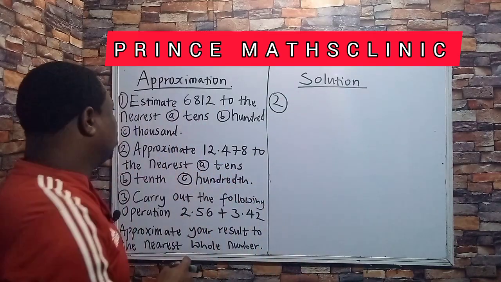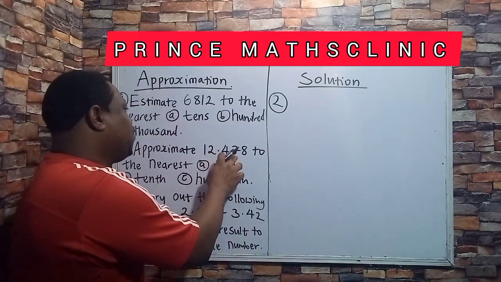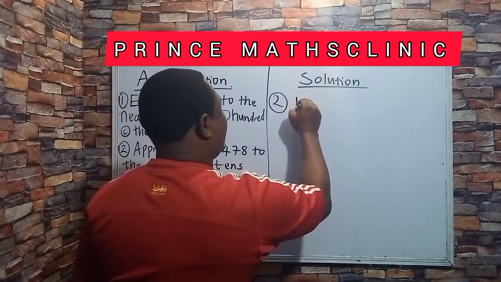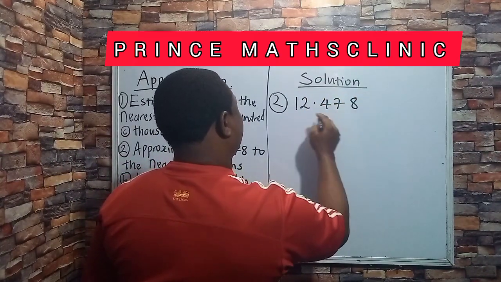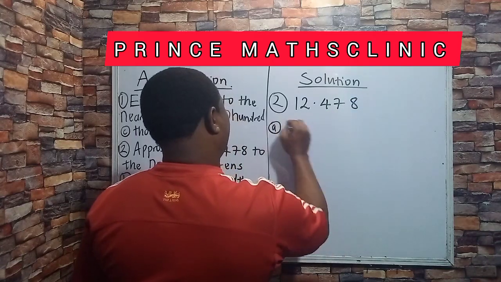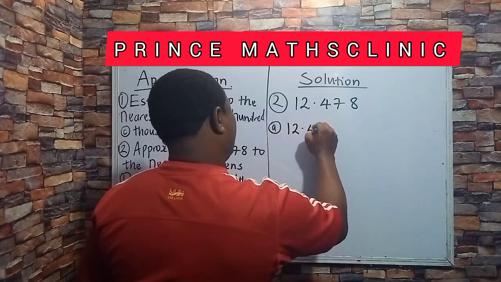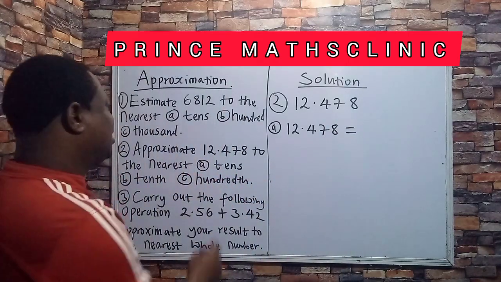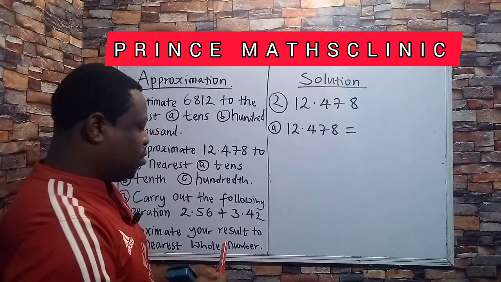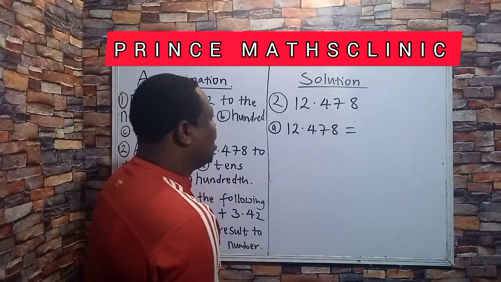The second question says we should approximate 12.478 to the nearest tens. Now, tens is this number here.